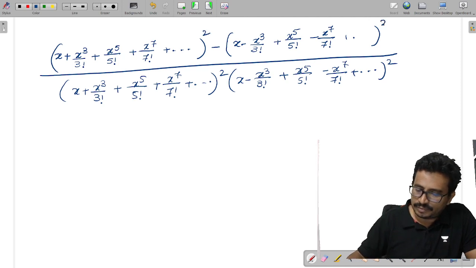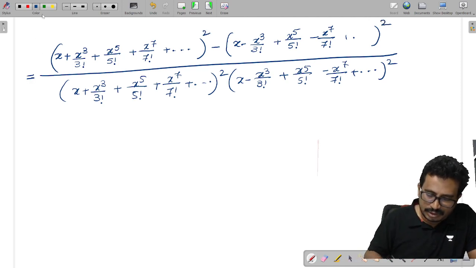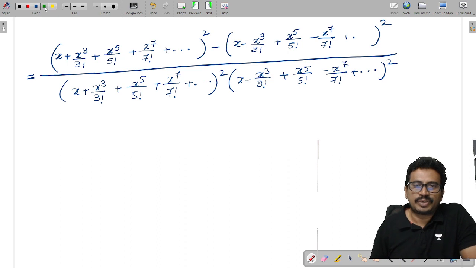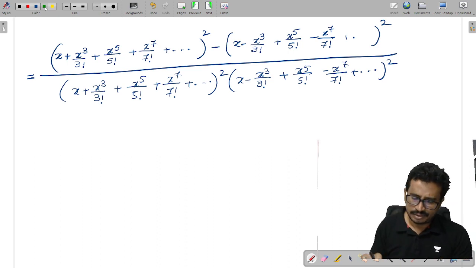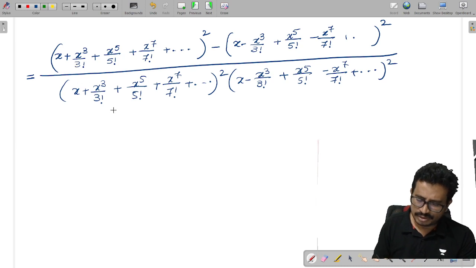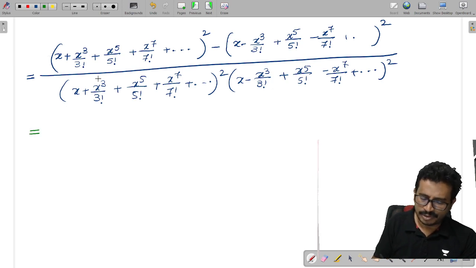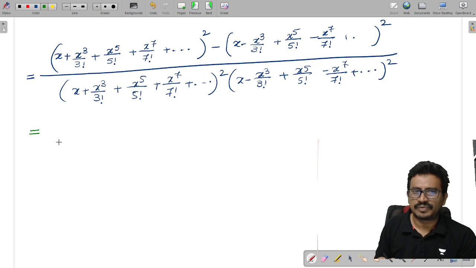Now let's see what we can do. Squaring here, in this I can take out x square. If you take x square common, then see what happened.